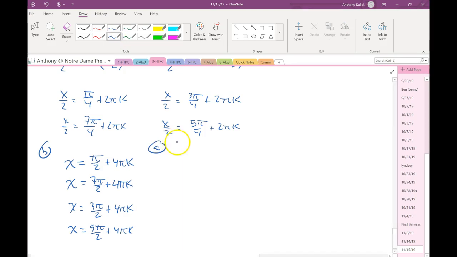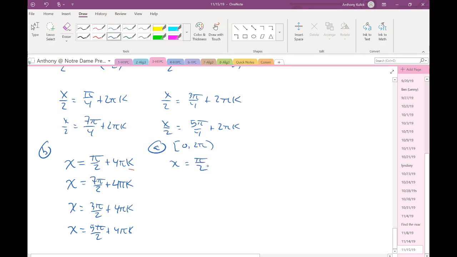All right. So for part A, we want the answers between 0 and 2 pi, right? So I'm going to look at each of these infinite answers and pick some values for k to see if I can get an answer in between 0 and 2 pi. So the first one, if we pick k to be 0, we get pi over 2. That's an answer, right?